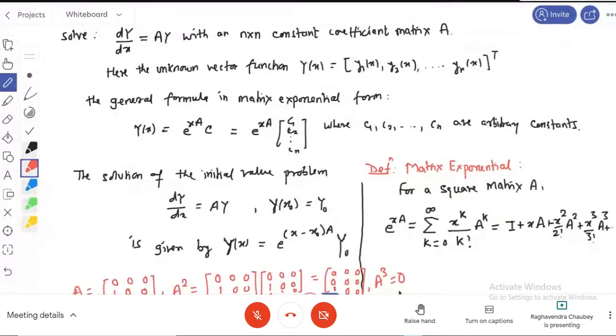This is a null matrix. Here this A cube term is 0, so what is that?